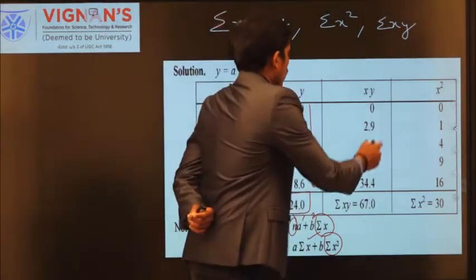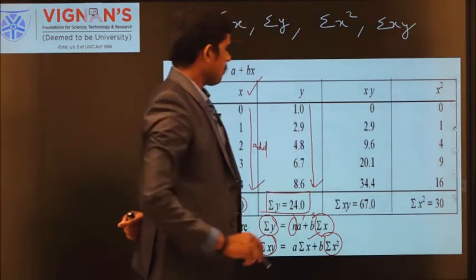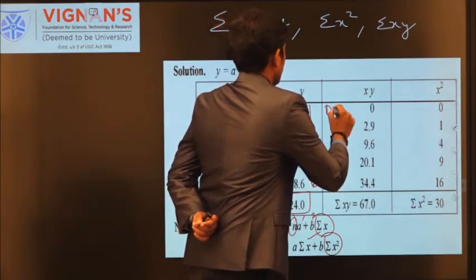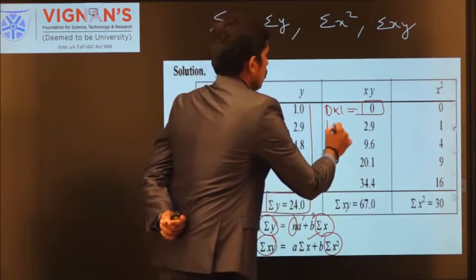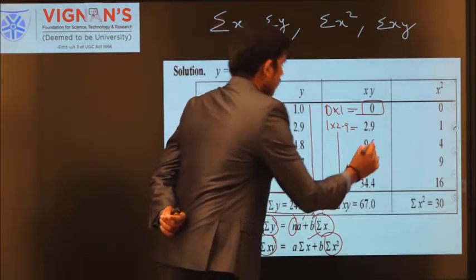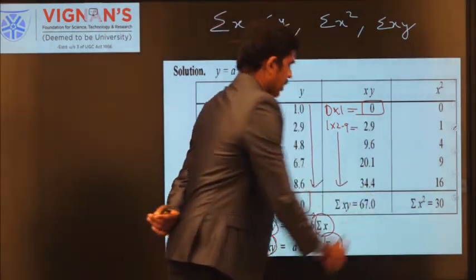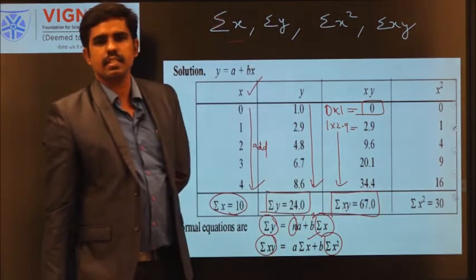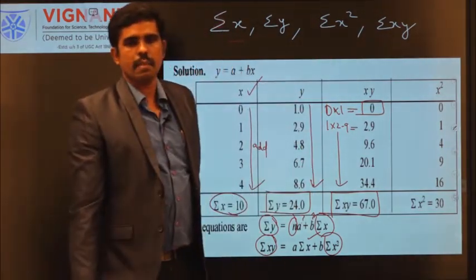How can I find summation xy? Multiply x and y. So here 0 into 1.0, I will get 0. 1 into 2.9, I will get 2.9. In this way you can continue to find all the values of xy. Then add all these values to get summation xy, which is 67. I additionally need only one value, summation x square.